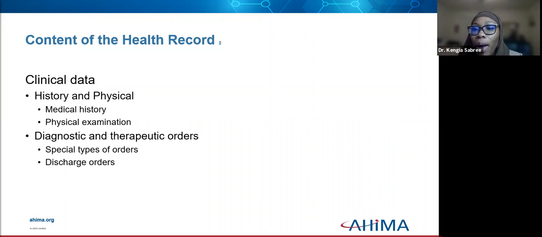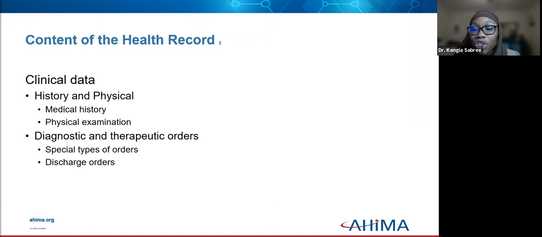Okay, so diagnostic and therapeutic orders. So what can I say about those? Physicians or other credentialed practitioners generate orders with a direct healthcare team. So your orders may be for treatment, ancillary medical services, lab tests, radiological procedures, medications, devices, restraints, or seclusions. So orders change according to the patient's needs and their responses to previous treatment.